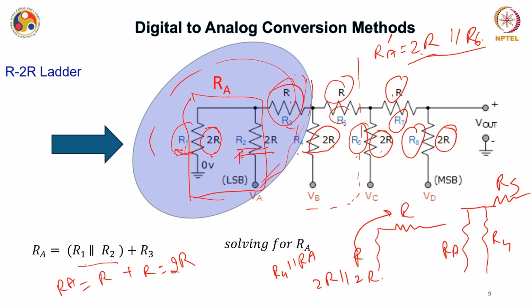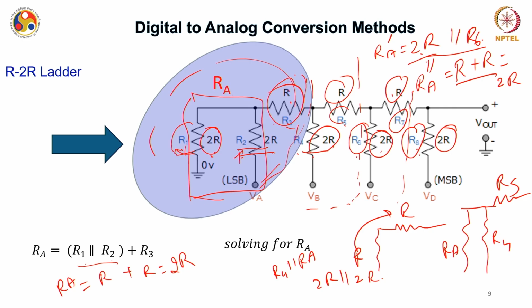Now, when it is in series with R7, the total resistance, or let me call it RA double prime, is R plus R, and it is equal to 2R. Now, the equivalent resistance till R7 we have got is 2R. That 2R is again in parallel with R8.